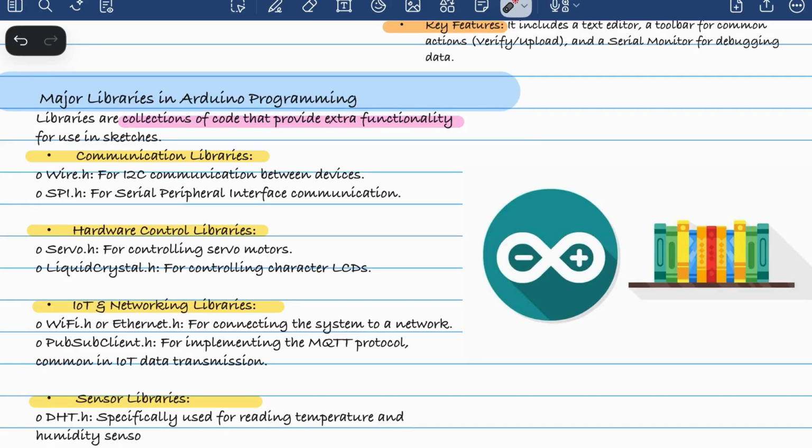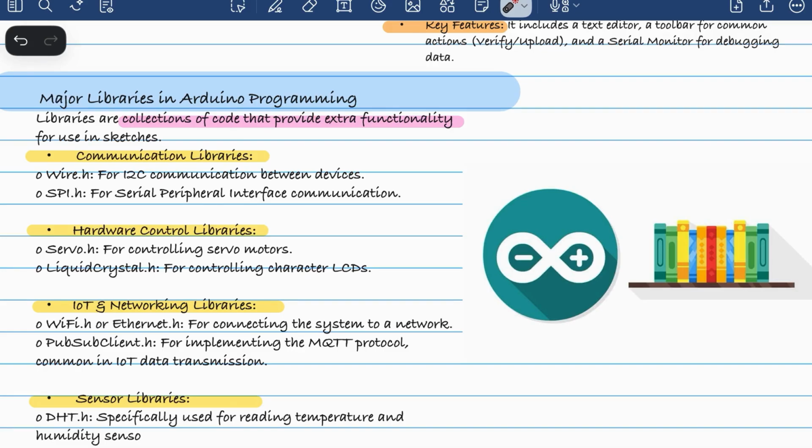So guys, if you don't want to reinvent the wheel of IoT by writing thousands of lines of raw timing diagram protocol code, we import libraries. What are libraries? They are collections of pre-written code that add advanced modular capabilities to your sketches, right?